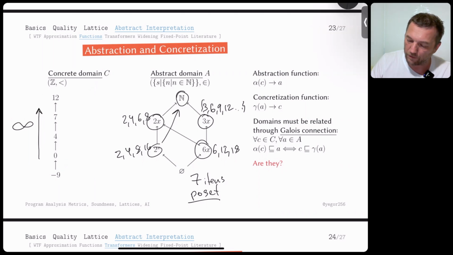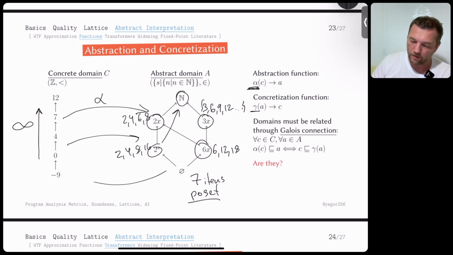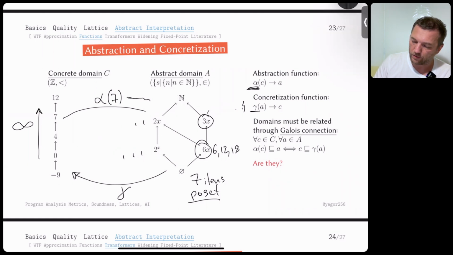They're called the alpha function, which is a mapping from here to here. This is the alpha function. And they define the gamma function. The gamma function is the reverse mapping. So let's define one simple alpha function.